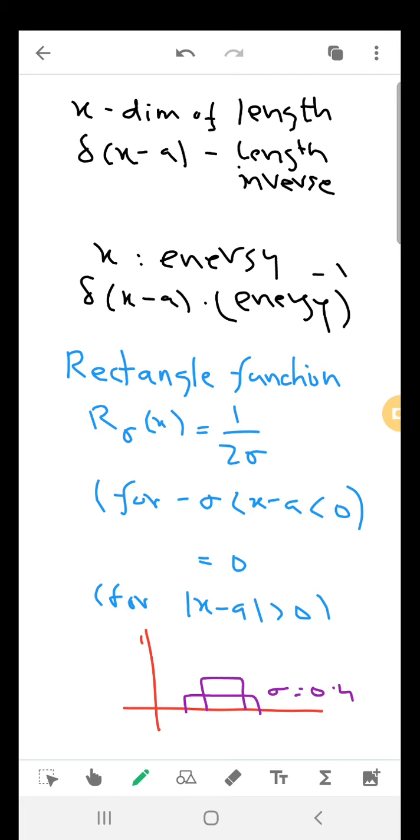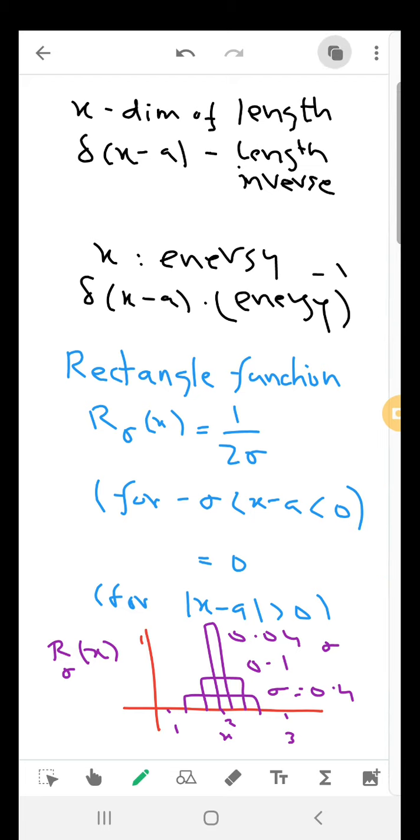This will be for say 0.1, and this is for say 0.04. So the lower we put the value of sigma, the steeper it becomes. This is R sigma x, and this is the value of x. This is how this rectangular function looks like.